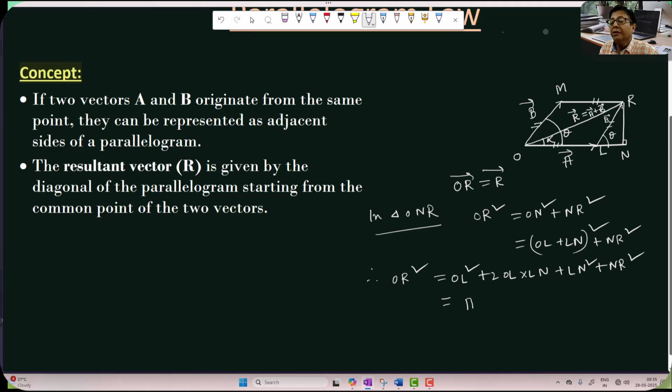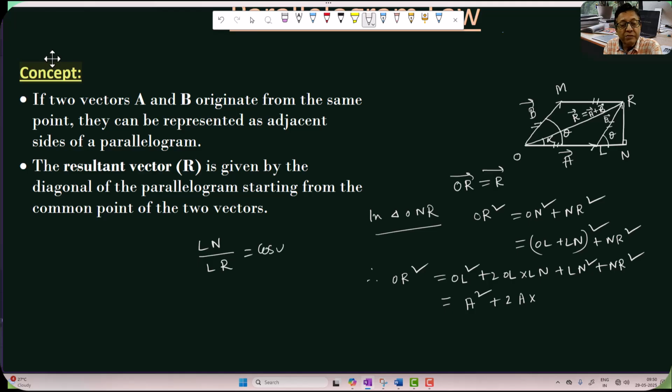This OL has length A. Vector without arrow is the magnitude. So OL square, this plus, what will happen then? And this OL also A, but LN is what? In this diagram you can see that LN by LR equal to cos theta.